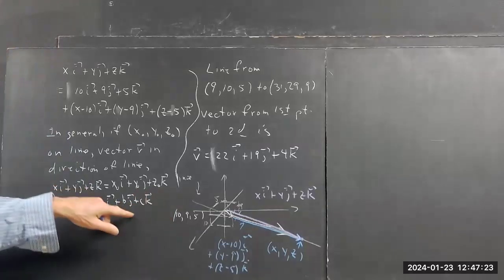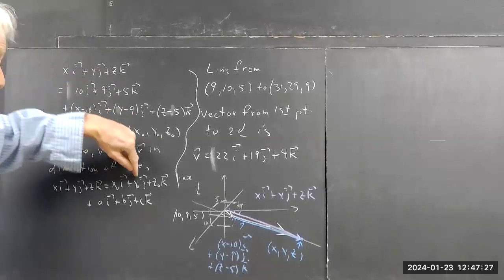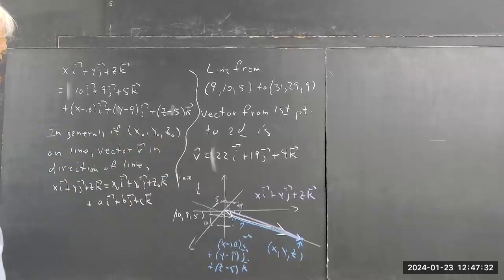I was gonna say plus the V vector, because the vector from the origin out to this point is this one, right?